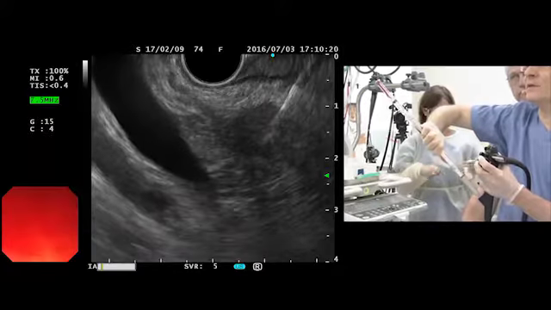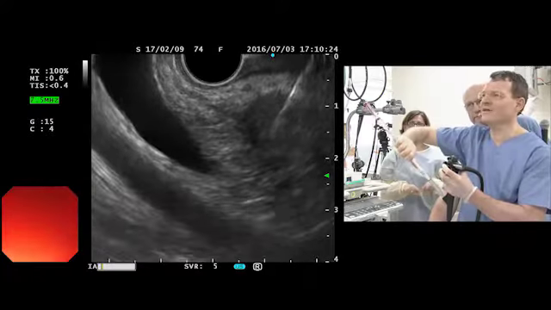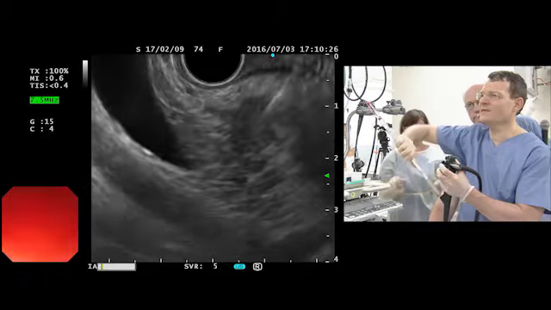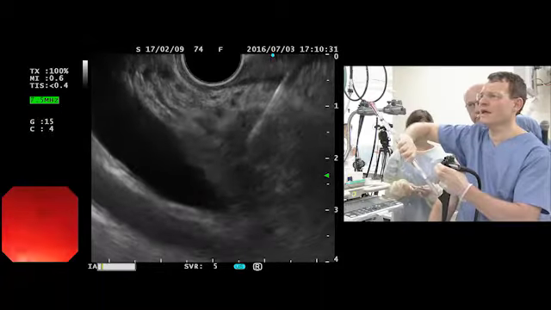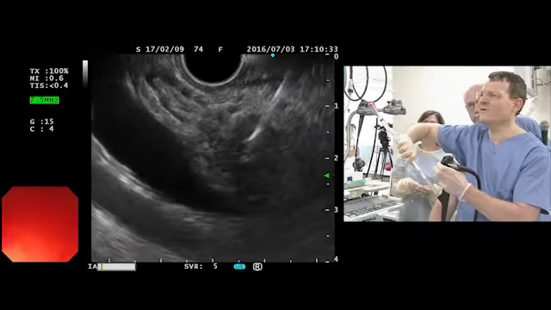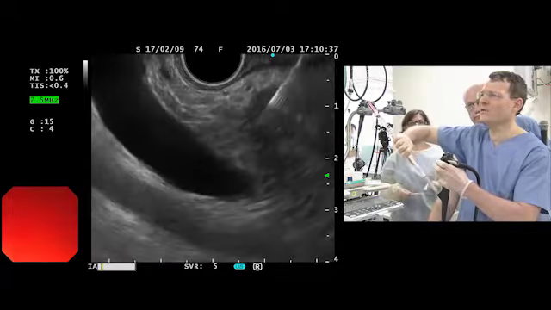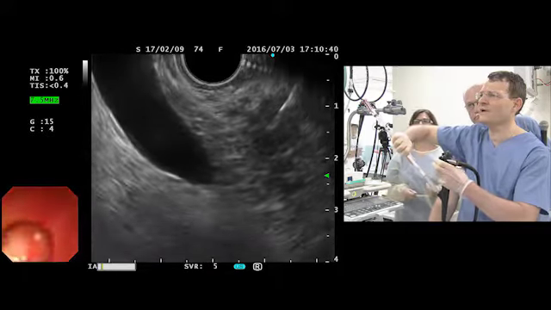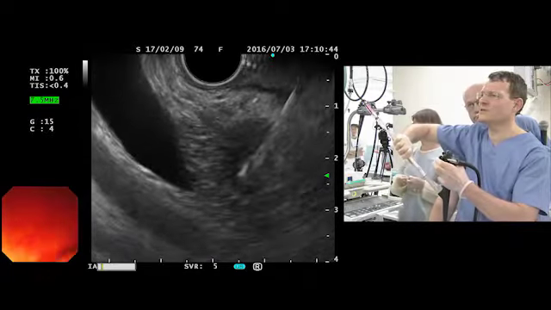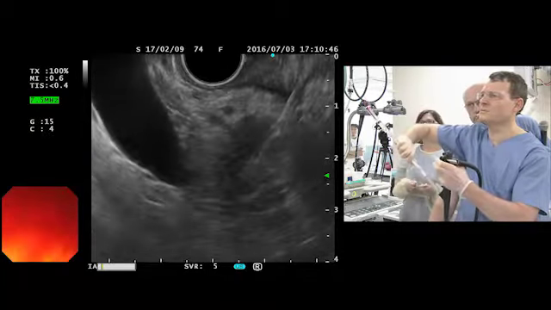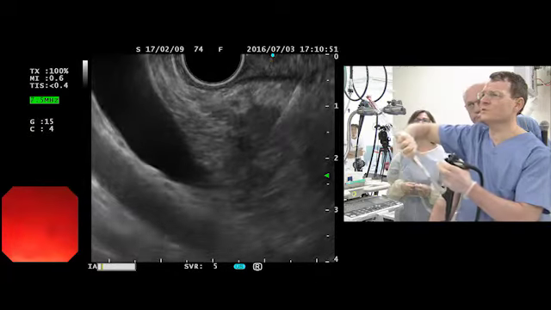We discussed the fanning. Here, because the lesion is very small, it's not so easy, but I try to go to every area, and I'm very careful not to go too much inside, because I can go into the area of the dilated pancreatic duct, and then we would have punctured the duct. I think this lesion is almost only 1 centimeter.